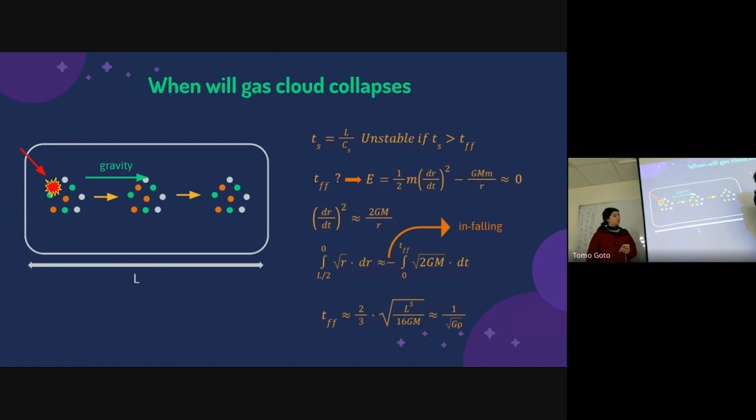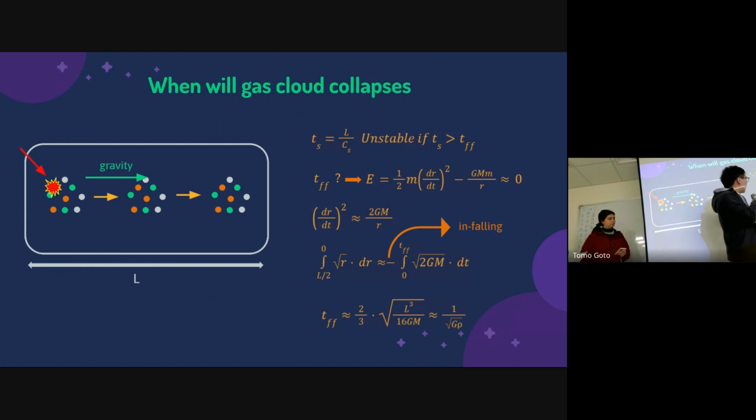This is kinetic energy, and we convert the velocity to this, and if we subtract the gravitational potential energy, these two will roughly be zero because it's this big body. So if we take the potential energy to the other side and cancel the mass here, we can get this. And by taking the square root of both sides, we'll get this one.